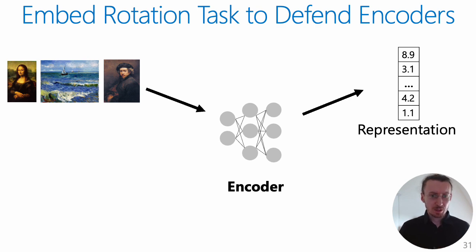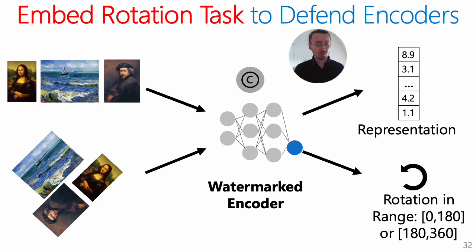Now, if we want to watermark the encoder, then for watermarking, we embed, in this case, the rotation task into encoders during training. As an example, the task is a binary classification where we have to classify if a given image is rotated between 0 and 180 degrees or between 180 and 360 degrees. To implement the watermark, we add an additional fully connected layer on the representations.